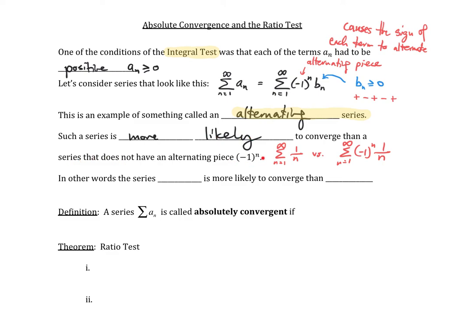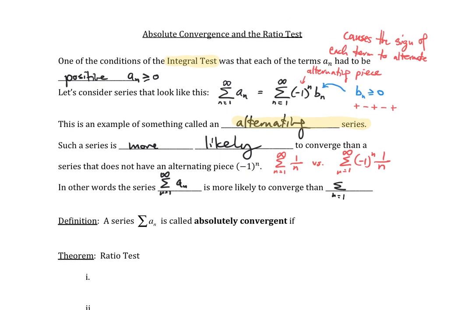Another way of saying that is our series the summation of a_n as n goes from 1 to infinity is more likely to converge than a series with the absolute value of a_n in there.